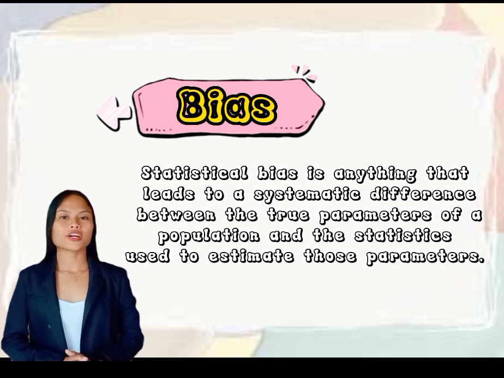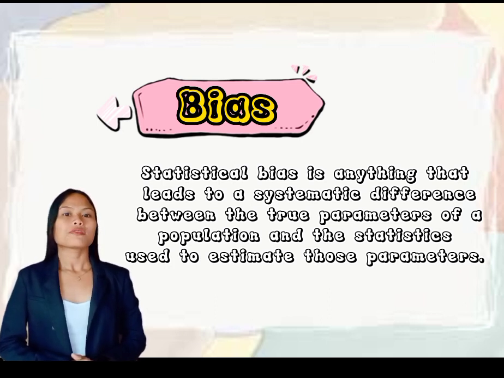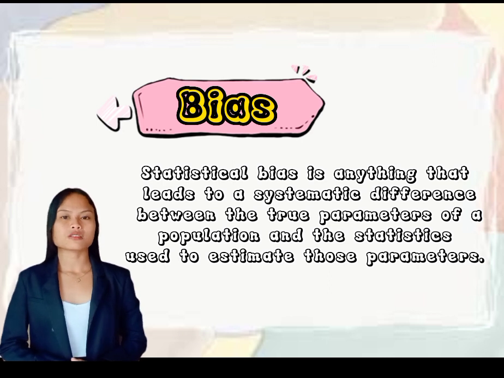Then, third, bias. Statistical bias is anything that leads to a systematic difference between the true parameters of a population and the statistics used to estimate those parameters.